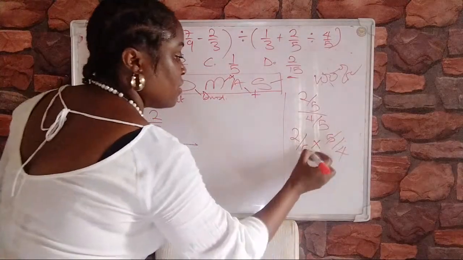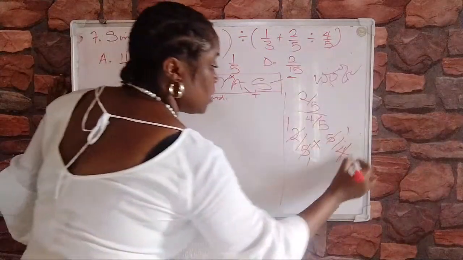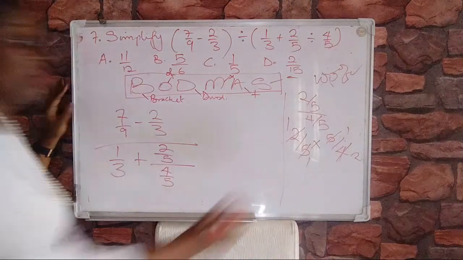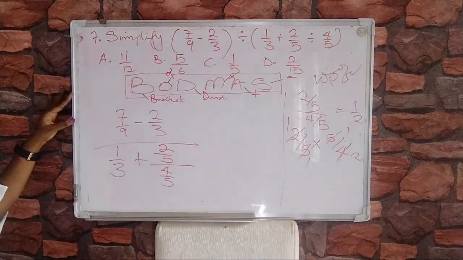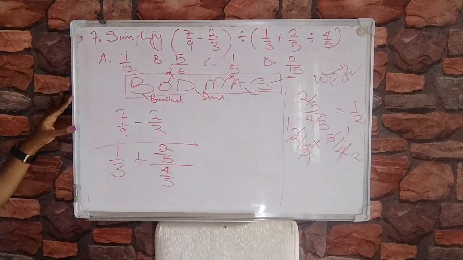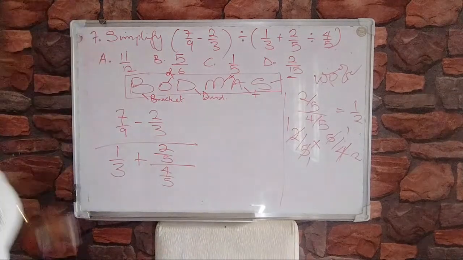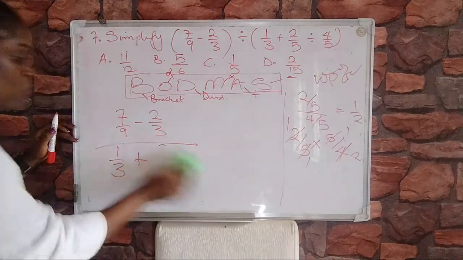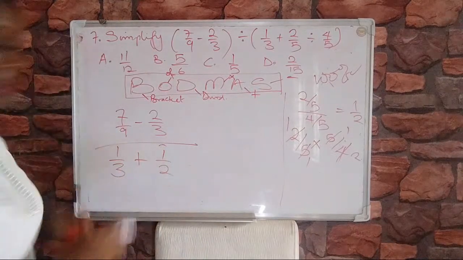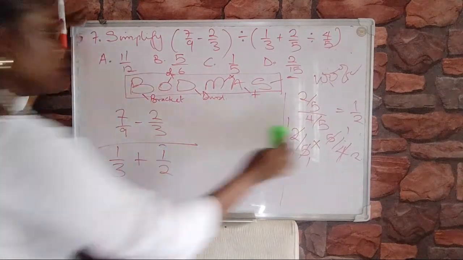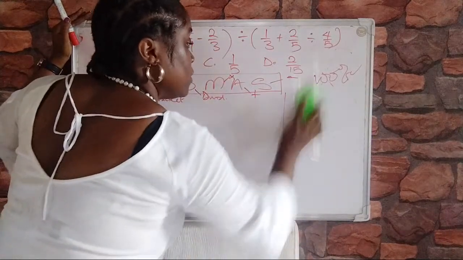So this 5 will cancel 1, this 5 will cancel 1. 2 cancels here, 1, 2 cancels here, 2. Giving us 1 over 2. Isn't that beautiful? Looks good to me. So this will become 1 over 2. Right? So on our rough section here, I hope you're writing this down in your book.